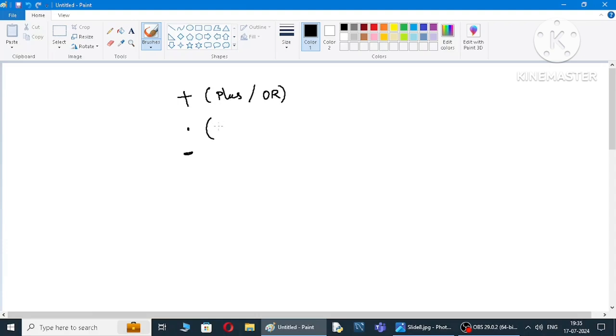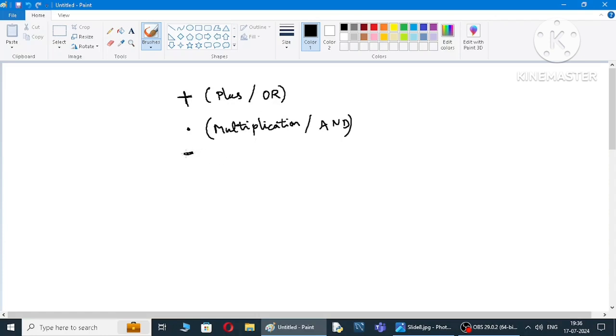This is called multiplication. This is logical multiplication, otherwise called the AND operator. The dot operator is called the multiplication operator, which is represented as AND. The plus operator is the addition operator, which is called the OR operator.